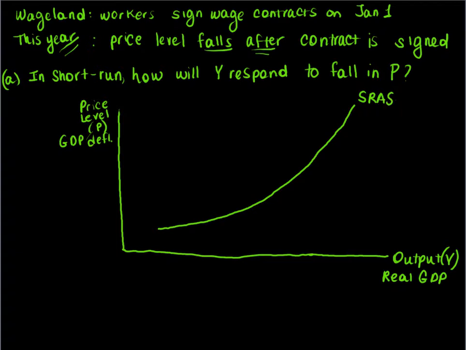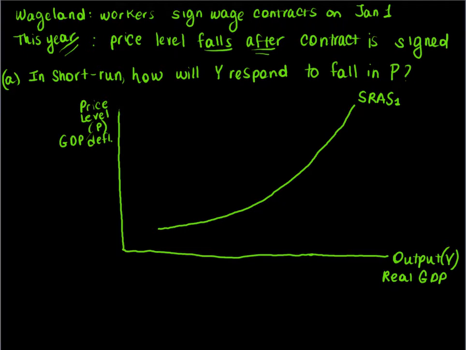They also tell me, importantly, that we should assume the economy starts at potential output. That's really important, so let me use a different color to remind us what potential output is.